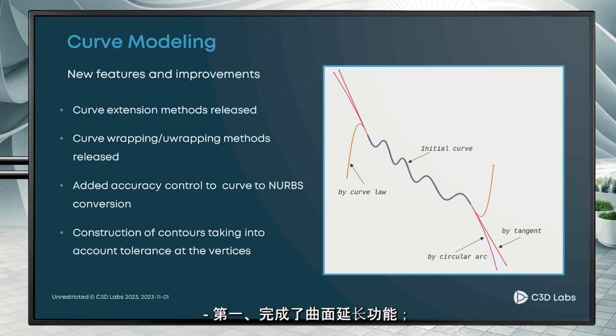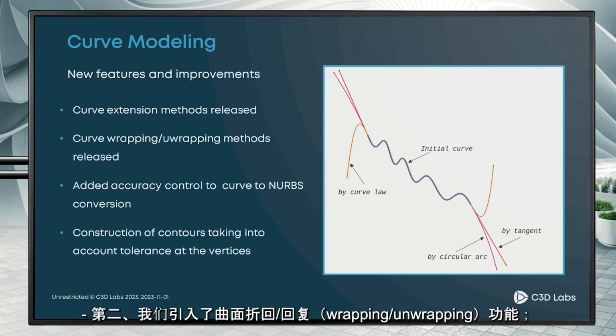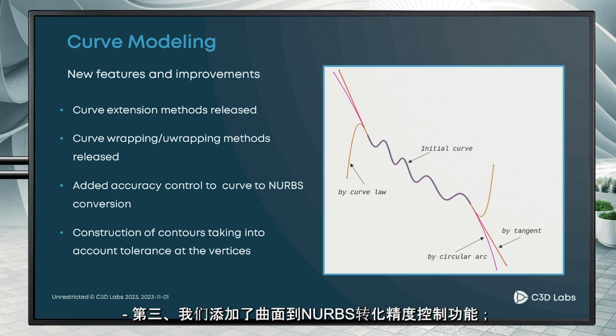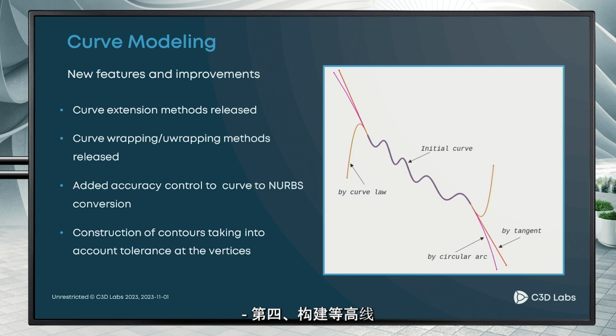We completed work on curve extension functionality. Also, we implemented curve wrapping-unwrapping methods. We added accuracy control to the curve-to-NURBS conversion method. And now, the construction contours method takes into account tolerance at the vertices.